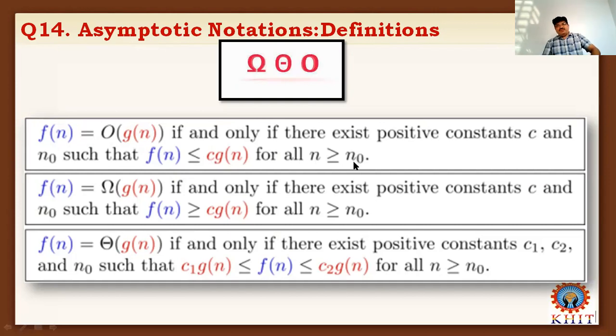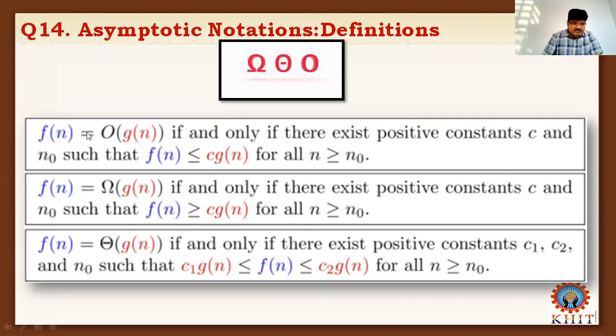So this is the definition of big O notation. And here a function is said to be omega notation if and only if there exist positive constants C and n naught such that f of n is greater than or equal to C into g of n for all n greater than or equal to n naught, simply the reverse.